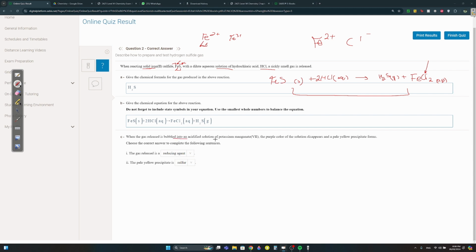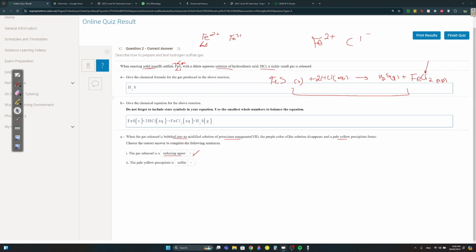When a gas released is bubbled into an acidified solution of potassium manganate, the purple color disappears and turns yellow, and that means this gas is a reducing agent. If it changes the color, reduces the color, that means it's a reducing agent. Apparently, again, I don't understand this whole quiz almost.